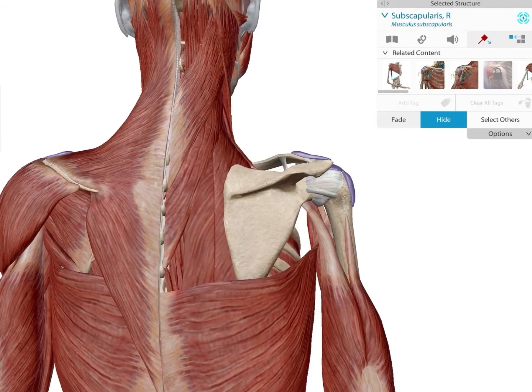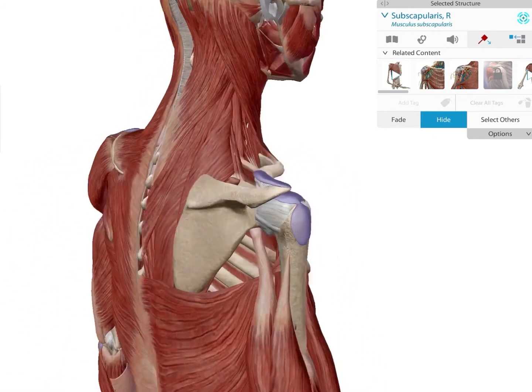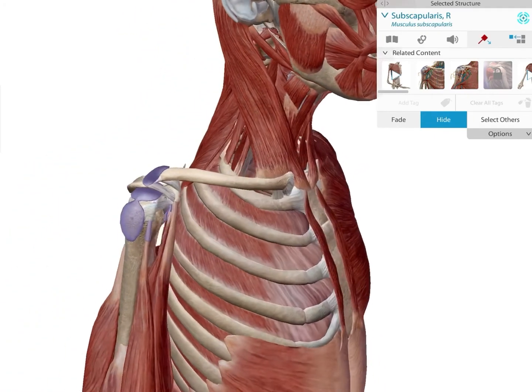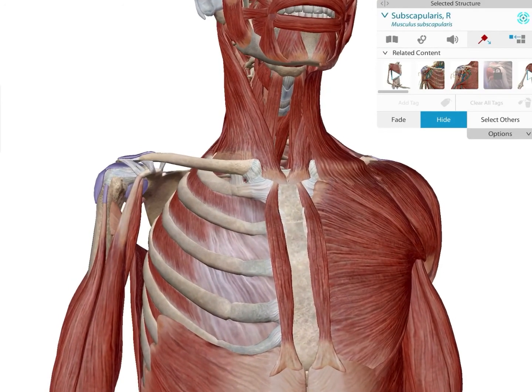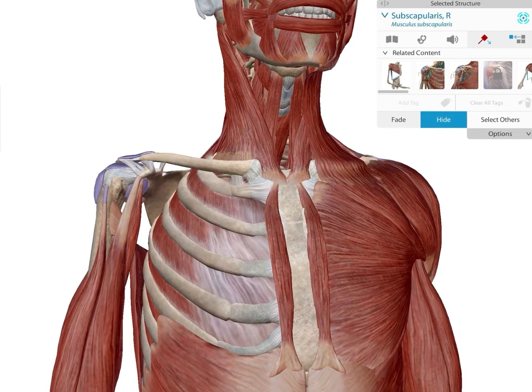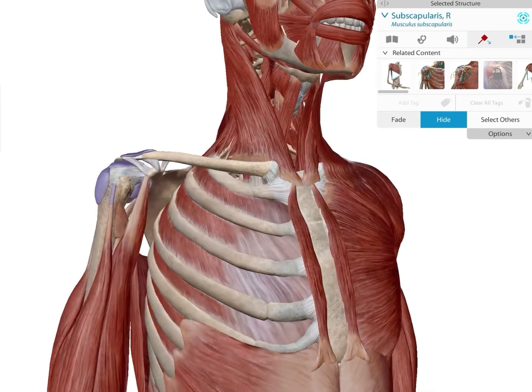Then we studied the infraspinatus and teres minor, which were lateral rotators. Then we studied the teres major, which was a medial rotator. Then we studied the subscapularis, which once again is a medial rotator. I hope that you're understanding how the action can be deduced by just being familiar with the anatomical orientation and using your imagination. Okay?